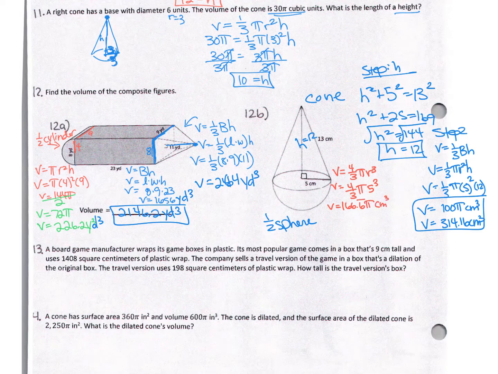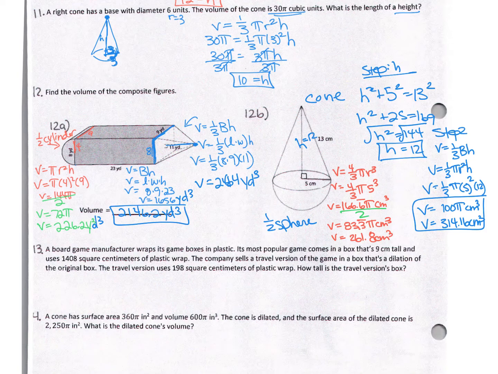I'm going to divide that in half because remember, this is only half of it. So when I divide it in half, I actually get the volume of half of it to be 83.3 repeating pi centimeters cubed. Or if you multiply by pi, it is 261.8 centimeters cubed.